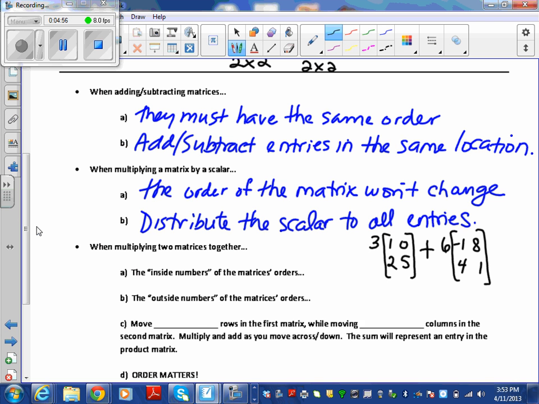First, I'm going to multiply just according to order of operations. I'll distribute the 3 to all the entries in the first matrix, and I'm also going to distribute the 6, that's the scalar, to all the entries in the second matrix.